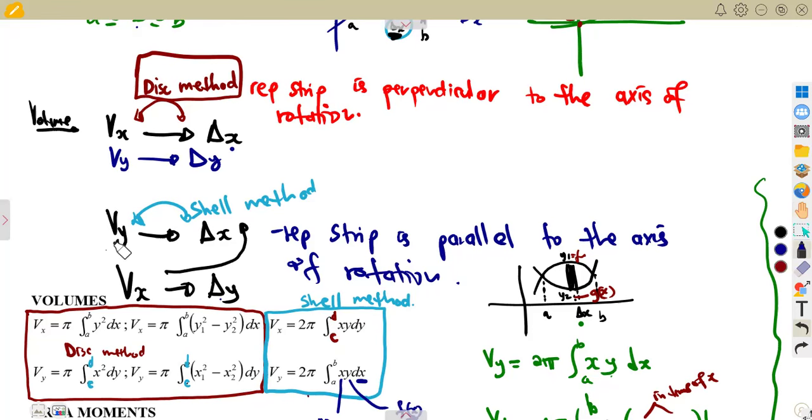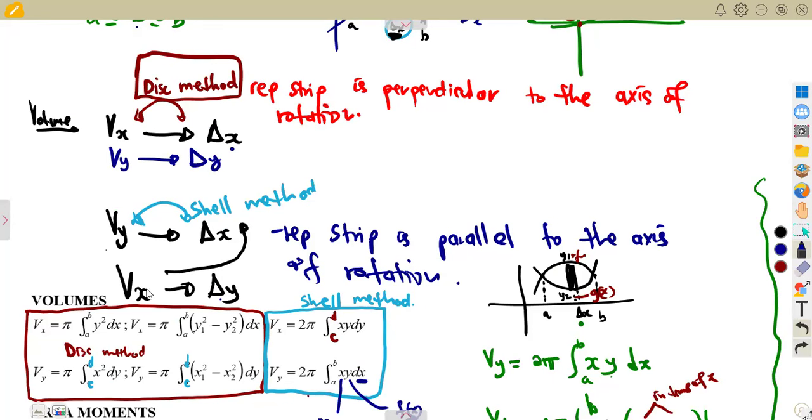If the volume is for y, but the strip is for x, or the limits are for x, so the volume about a certain revolution does not correspond to the limits or to the strip you're given, that's where the shell method is used, and these are the formulas.